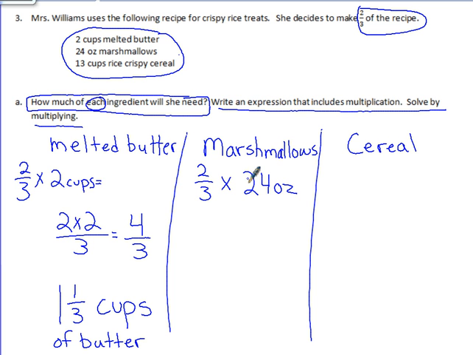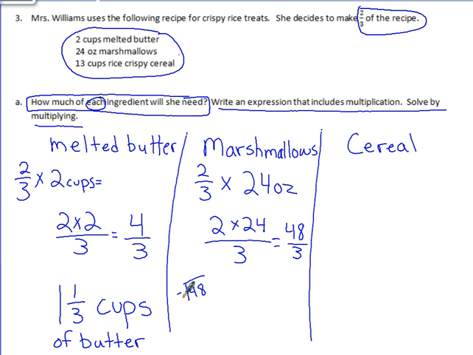I'm going to make a 2 numerator, 1 denominator fraction. Don't worry about the units, we'll pick them up later. Over 3. 2 times 24 equals 48 over 3. Now this one's a little bit tricky because I don't know how many 3's go into 48. I'm going to have to do a little scratch work over here.